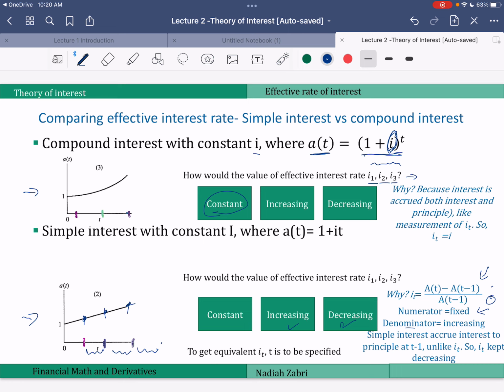Since the denominator is increasing, the effective rate of interest will decrease. So it will be a decreasing pattern. So IT is not equal to the I in the simple interest, especially for the second year, third year. The first year it will be equivalent, but the years after the first year are not going to be equivalent.